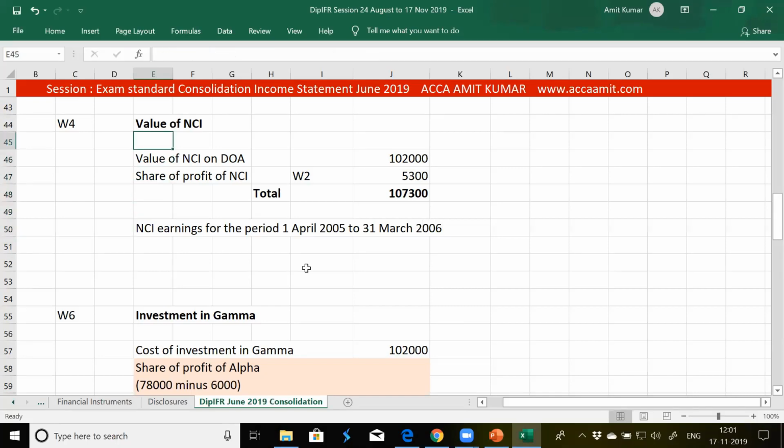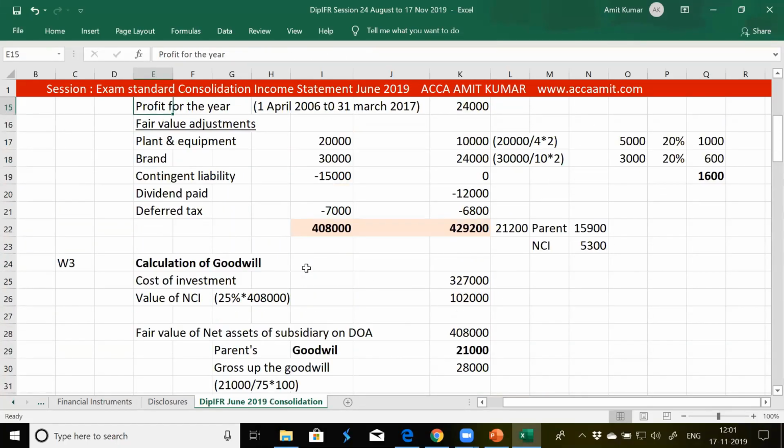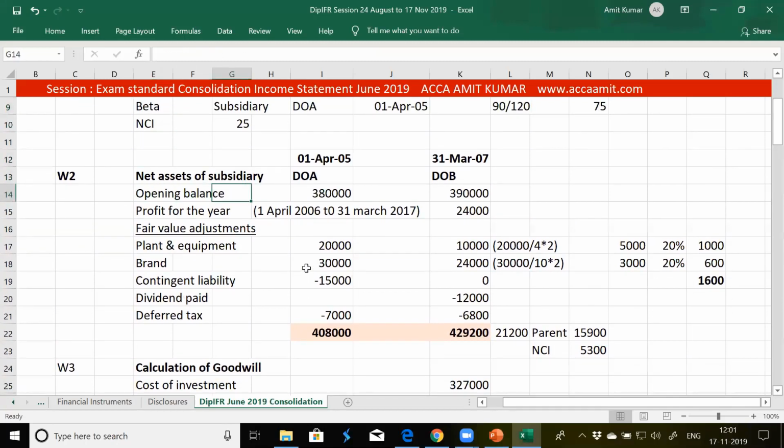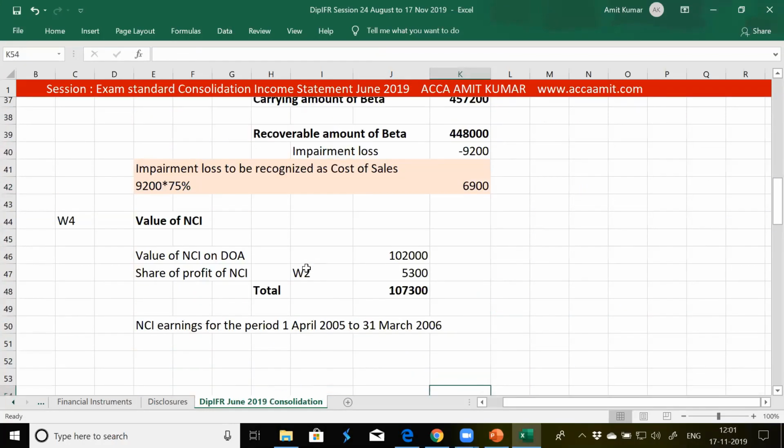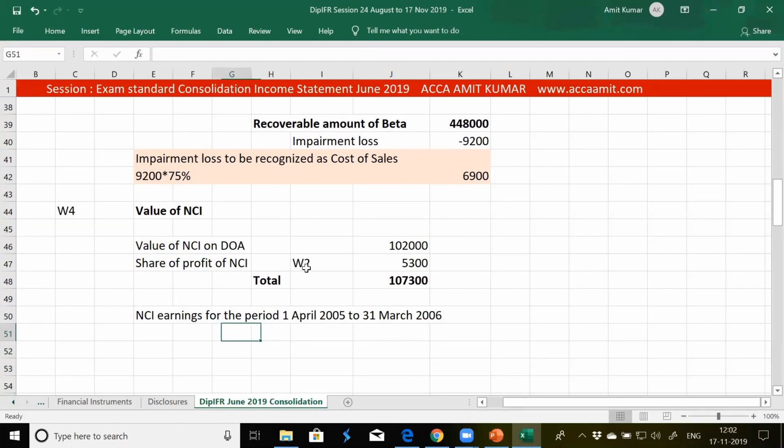So if you look at the net assets position on the date of acquisition, it was 380, and on 31st March it reached 390. So total earnings during this period is equal to 390,000 minus 380,000, that is 10,000.